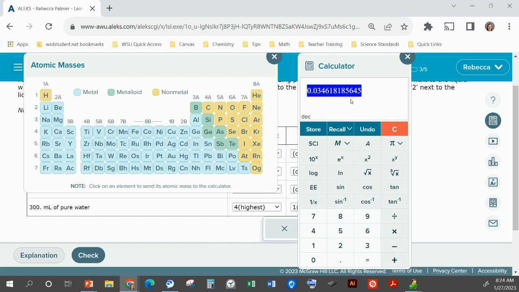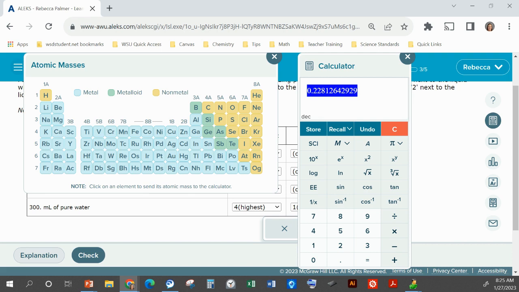Okay, so I need to multiply by 2, and then I need to divide by the mass of solution. Okay, and then this is my molality for solution number 3: 0.2281 moles per kilogram.